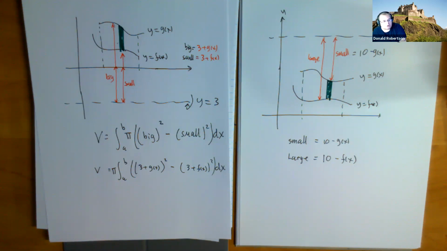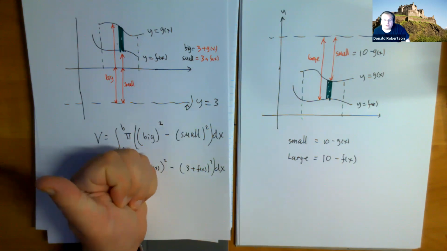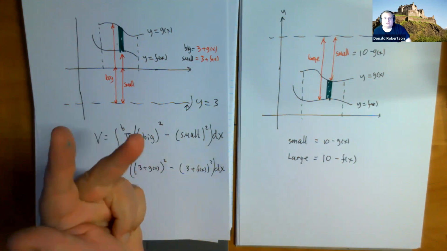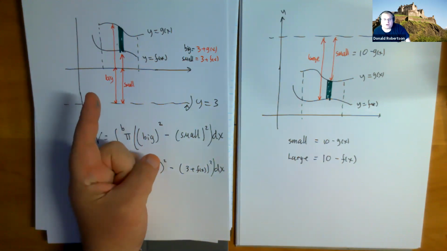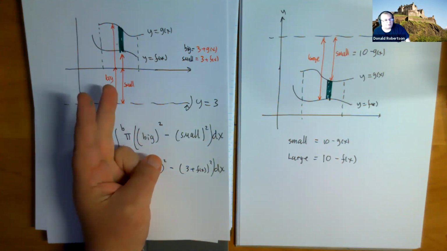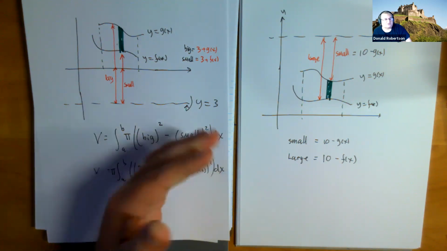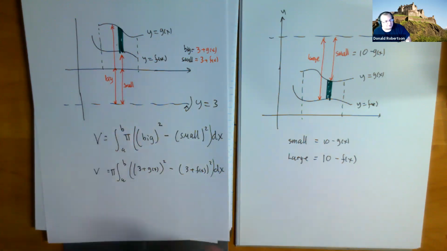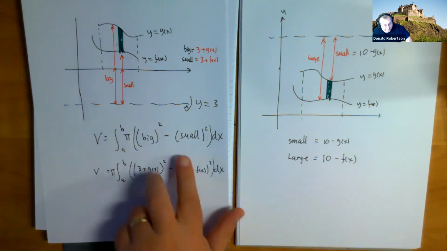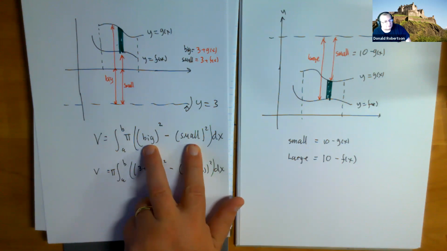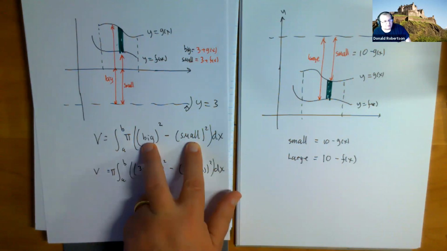There are lots of combinations: single function, double function, single function parallel to x, double function parallel to x, the line below the x-axis, the line above the x-axis. But they all boil down to finding these two things: what's the biggest distance to the axis of rotation, and what's the shortest distance, and making sure that they're in terms of x.